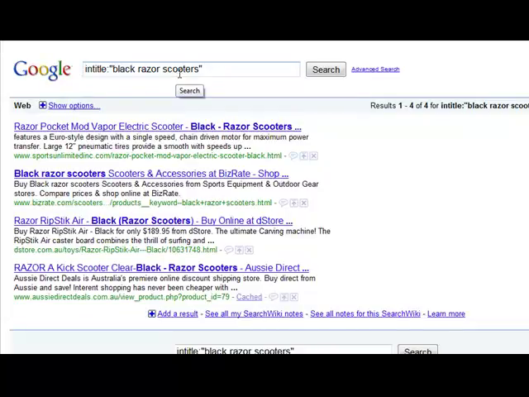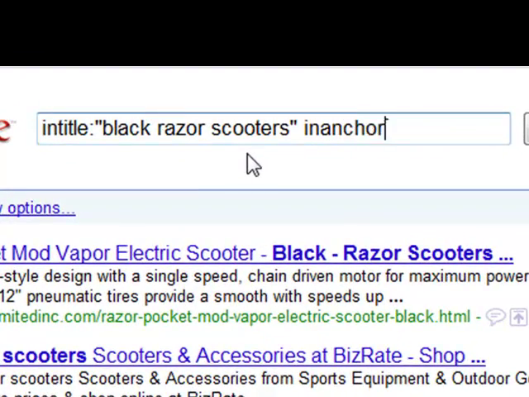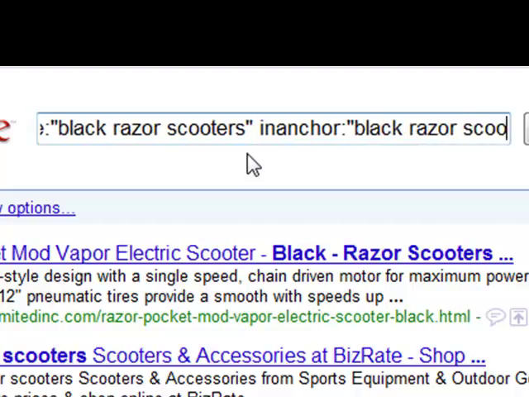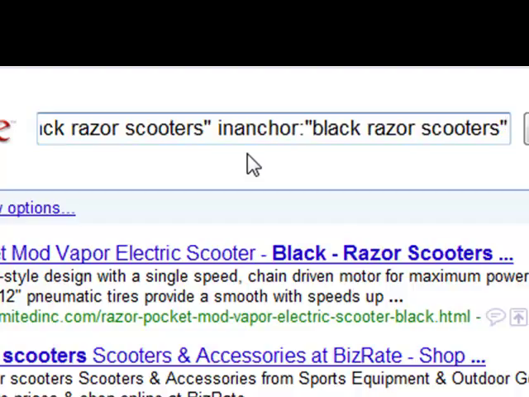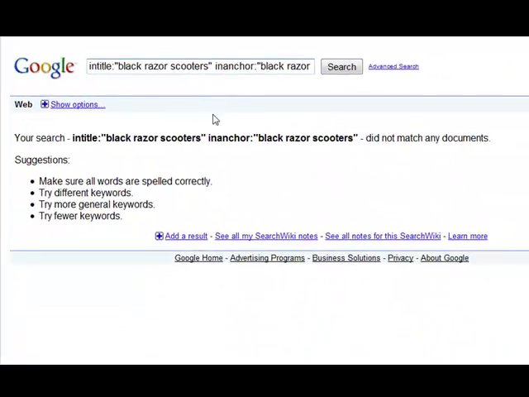Now, a trick that we're going to be using to really measure the strength of our competition looks like this. Here we're asking Google to tell us how many people have the words Black Razor scooters in the title and how many people have links to their page with the words Black Razor scooters pointing to them.